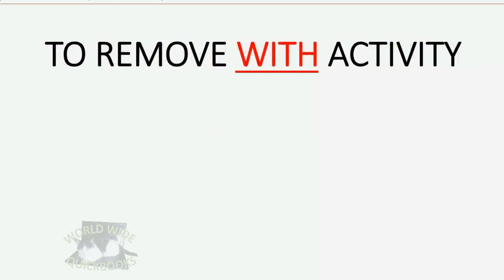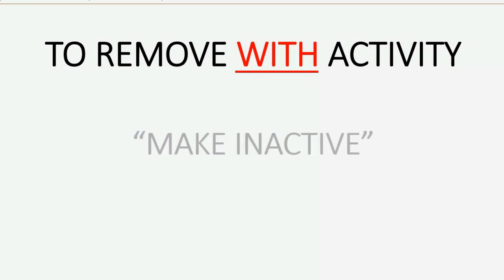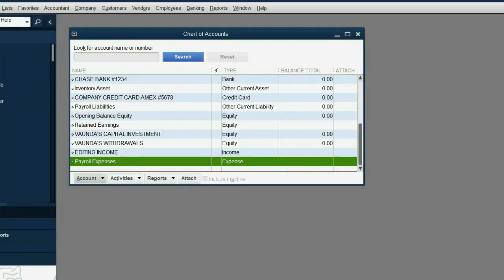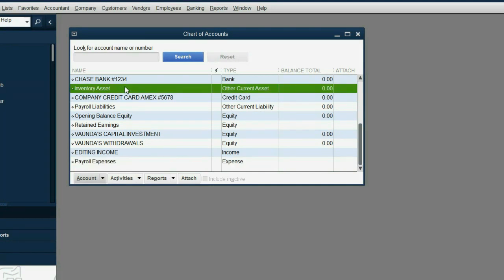But what if you wanted to remove an account that did have activity and did have transactions? Well, then QuickBooks will not allow you to delete it. It will allow you to make it inactive. So let's take a look at what that means. If I click on this account because I'm not using it, but I have some transactions for some reason recorded, watch.